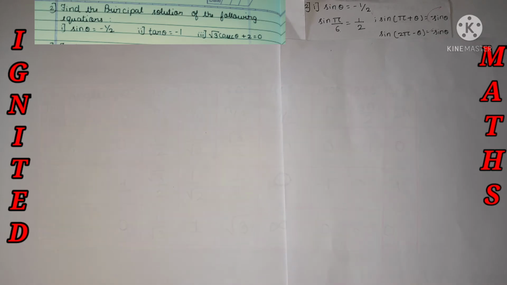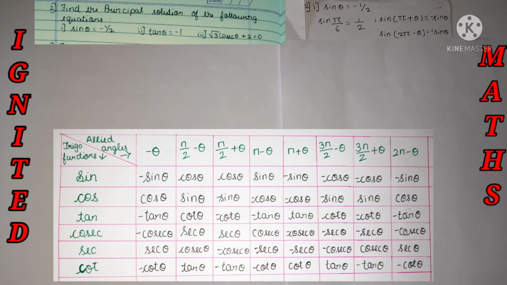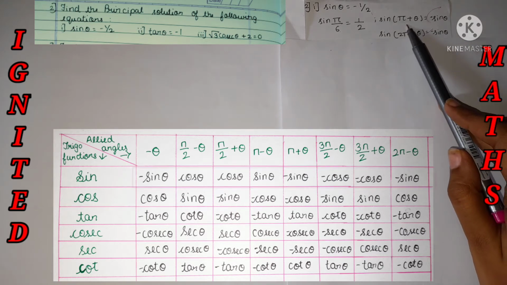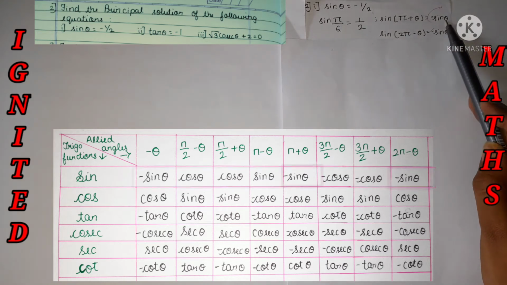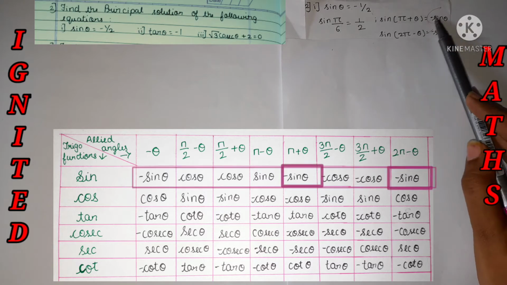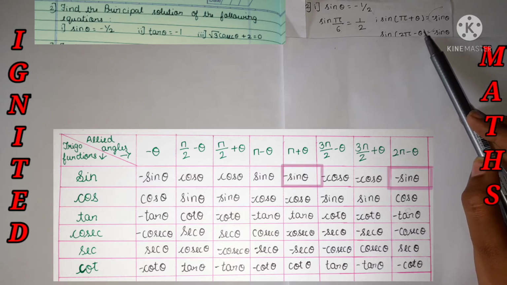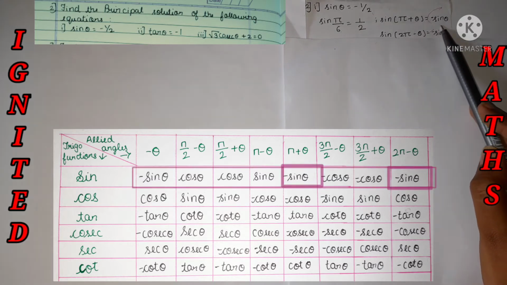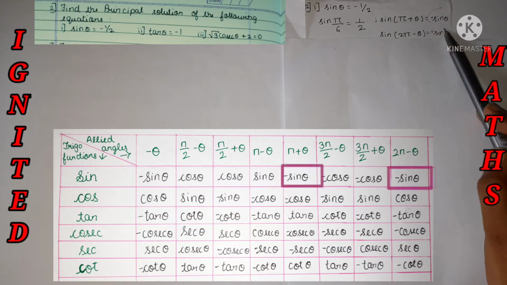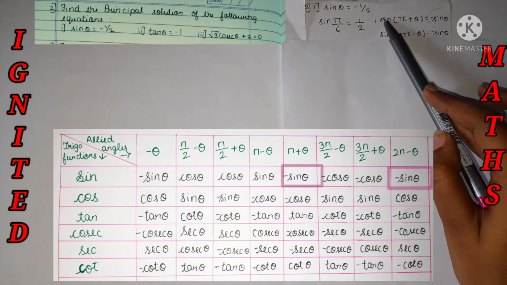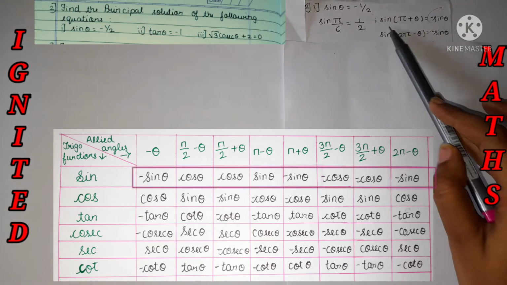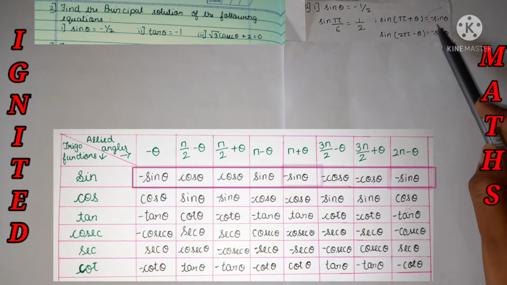We need to represent the form of the allied angle, that is nothing but sine of pi plus theta is equal to minus sine theta. And one more: for the principal solution we need to find two solutions. So it's nothing but sine of 2 pi minus theta. We need to get the answer as minus sine theta. Using the sine functions, we need to get the answer as minus sine theta.